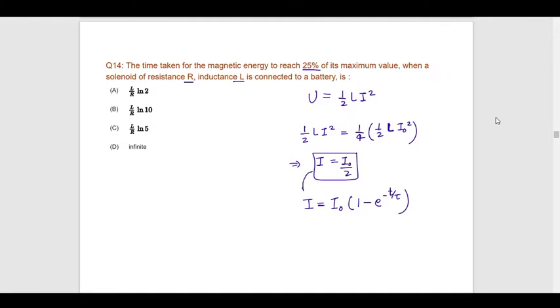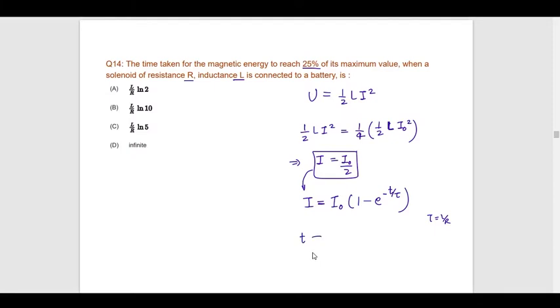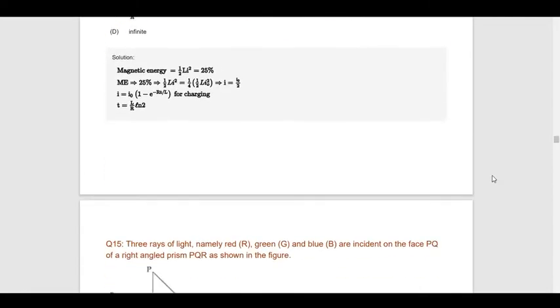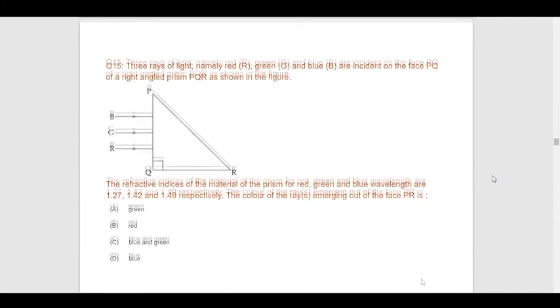So if I put the value of I here and the value of tau, and the value of tau is L by R, right? So if we put these values and solve it together, we are going to end up with time as L by R natural log 2, right? Option A becomes your correct answer. So let's observe the next.